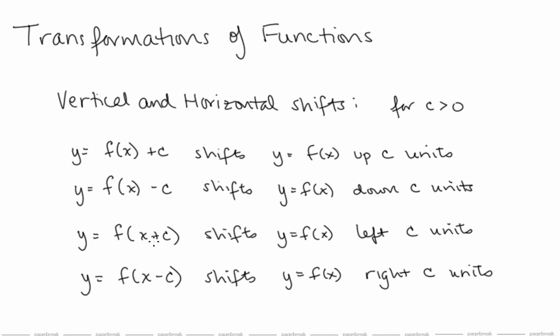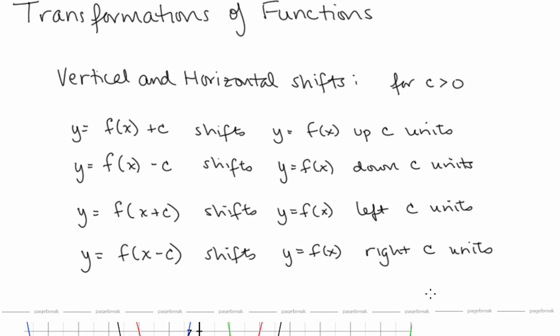If we have the plus c in with the x inside the function, that's going to shift the original graph left c units. And if we have x minus c inside the function, that'll shift the original graph right c units.